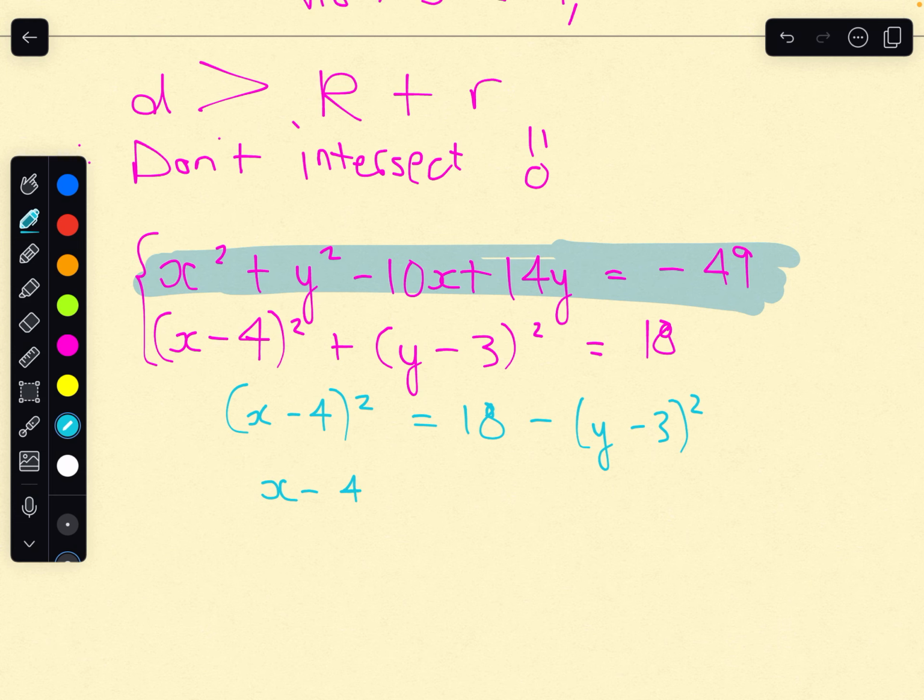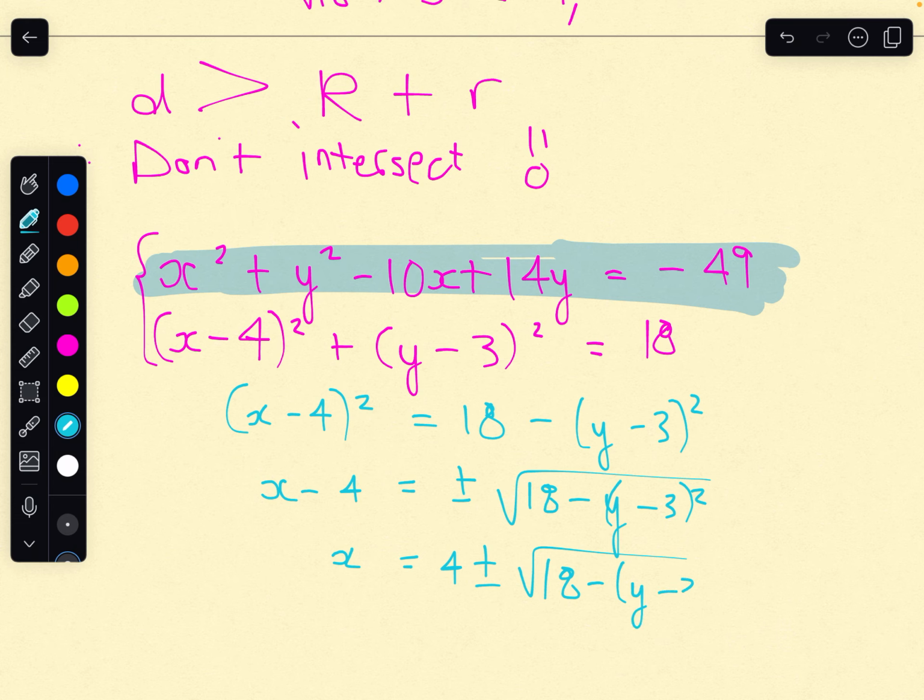So this will be plus or minus the square root of 18 minus blah blah, and then x will be one of these, which is also just weird.